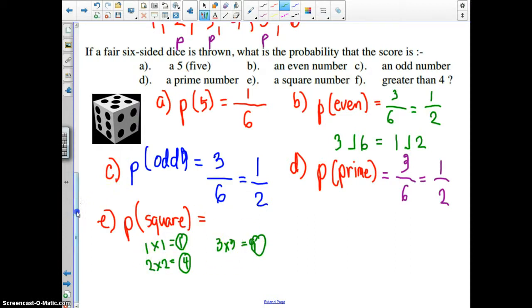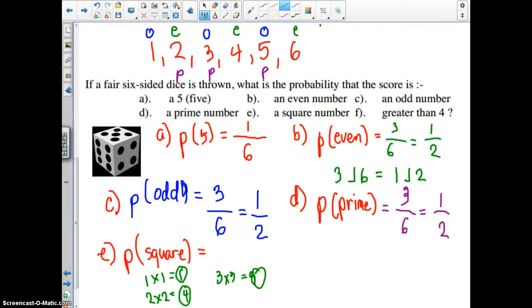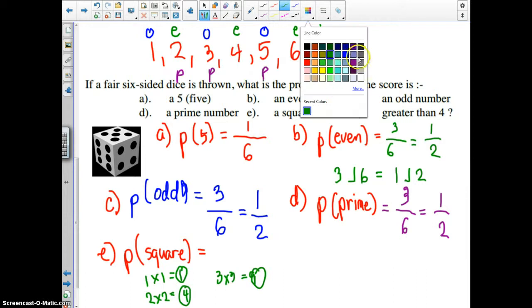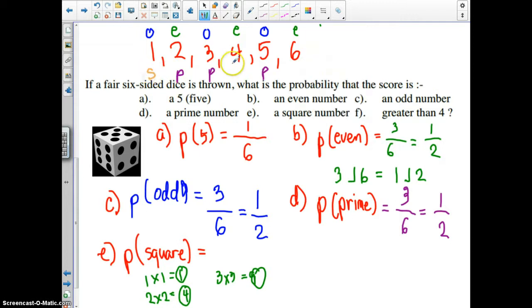So when you go back and look at what the square numbers are there, you should be able to find out that there are only 2 square numbers in there, which is 1, that's a square number, and 4, that's a square number. So there are 2 square numbers out of 6, and if you simplify that, that is 1/3.